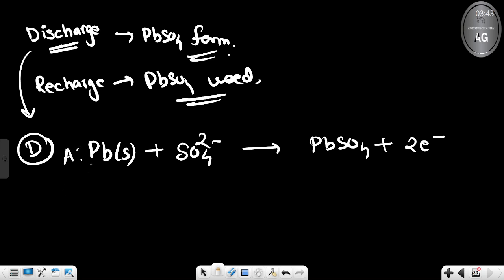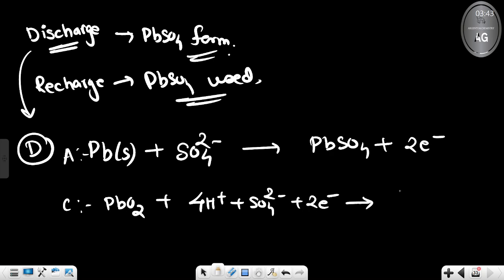This is the anode reaction. On the other hand, for the cathode reaction, lead dioxide plus 4 hydrogen plus sulfate ion plus 2 electrons will form lead sulfate plus 2 water. Now during recharging, just the opposite.